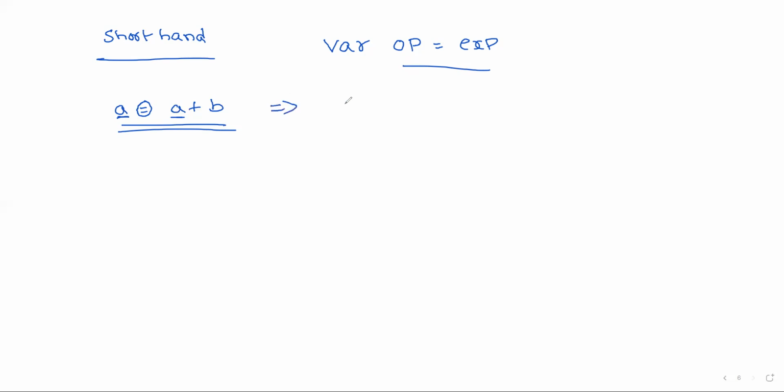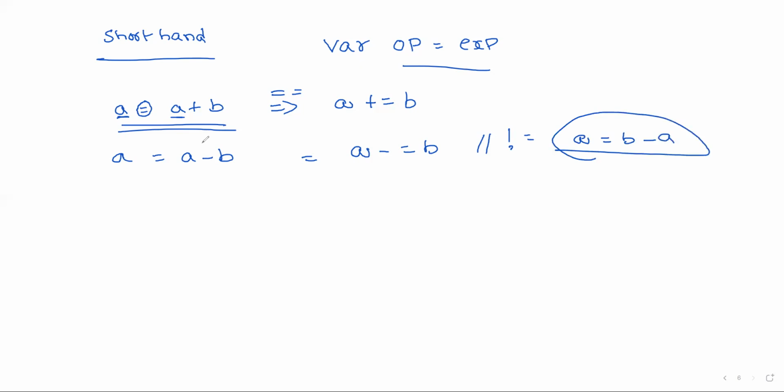In this case, it is represented like this also. Okay, these two are same. Now, similarly, a is equal to a minus b, so a minus is equal to b. Remember, this is not equal to a is equal to b minus a.